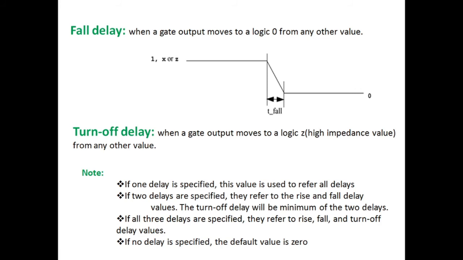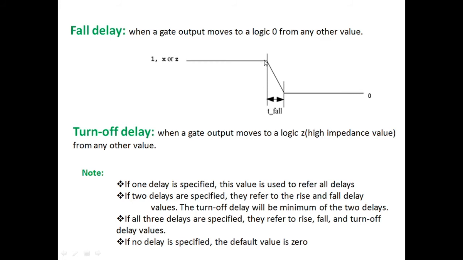Then what is the fall delay? The fall delay is the gate output transition to logic 0 from any other value. Previously the output of a gate may have had logic 1, logic X or logic Z, but now the output is logic 0. That means it is having a transition from some value to logic 0, a falling value.